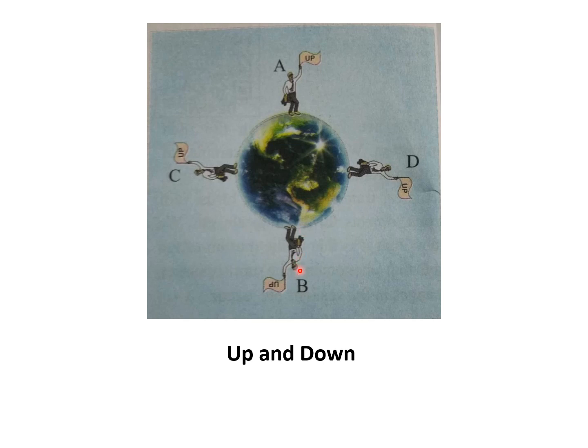For the person B, A will be down to him. Next, when you come to person C, the person D is down to him, whereas for person D, C is down to him. Depending upon the positions of all the four persons, up and down will vary.